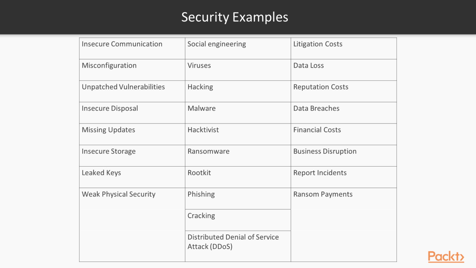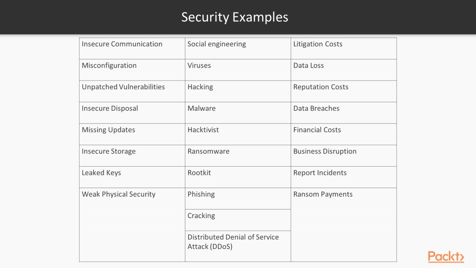So on the left, we have various systems which are not configured correctly, or missing updates, or have insecure communication means. This could actually lead to, in the middle section, various problems where the systems will get hacked, or there'll be a ransomware demand, or there could be an infiltration into your systems.